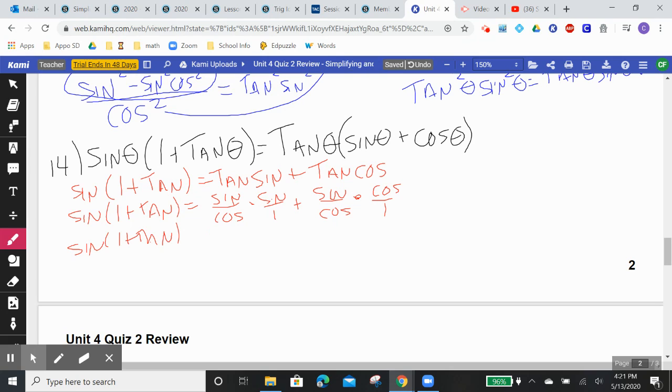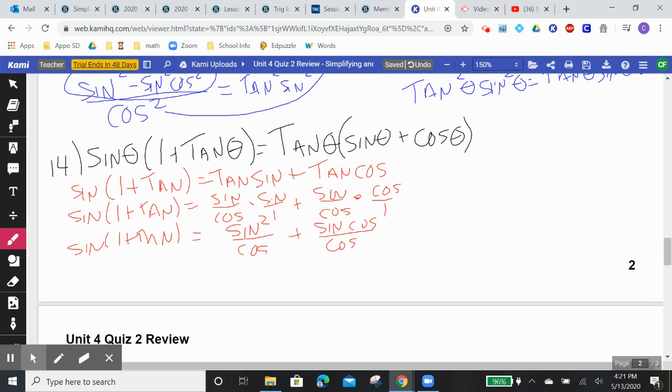But on the right side, nothing special happens here, so I do get sine squared over cosine. But here, if you notice, well, you know what? In this case, and again, I know sometimes this is a little tricky in figuring this out, but I could cancel out the cosine, but I'm not going to do that because I want to keep my denominator the same.